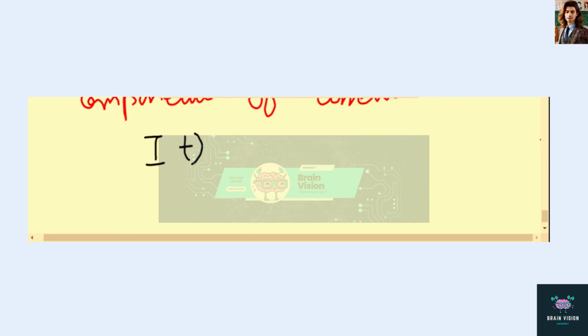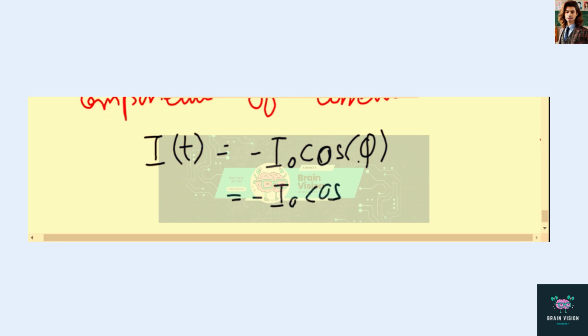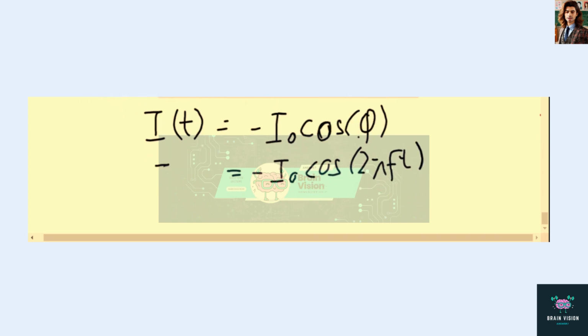It means that the instantaneous current becomes negative, current I naught times cos of the angle, that is equal to I naught cos 2 pi f t. So when we substitute the values, we get negative 0.617 ampere. So this is your answer.